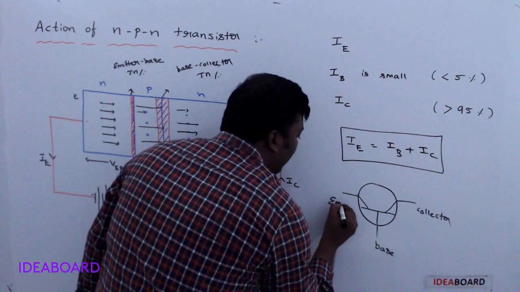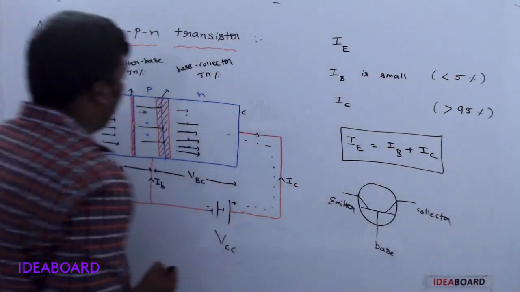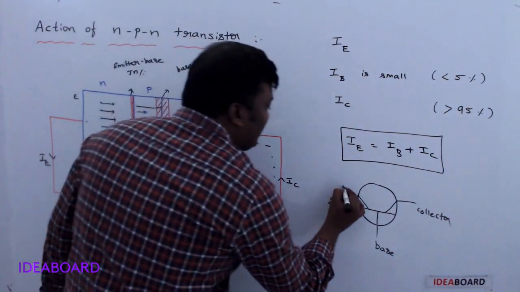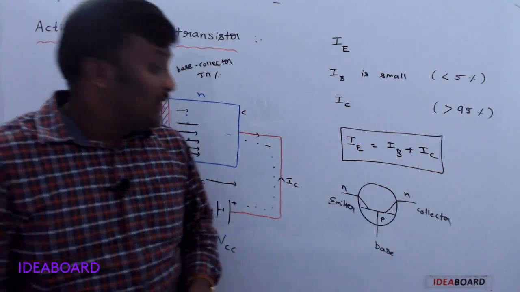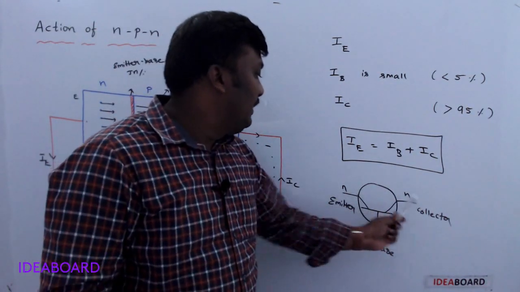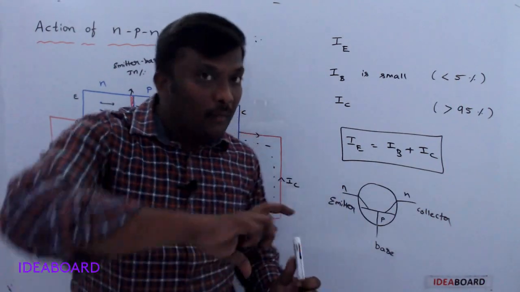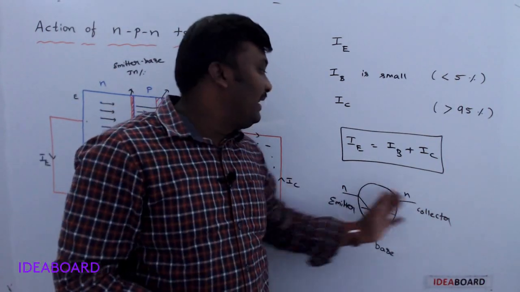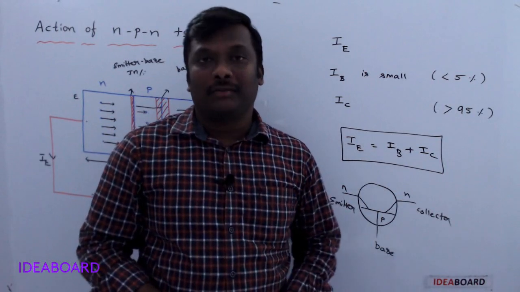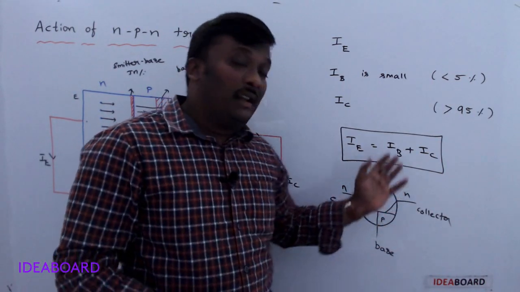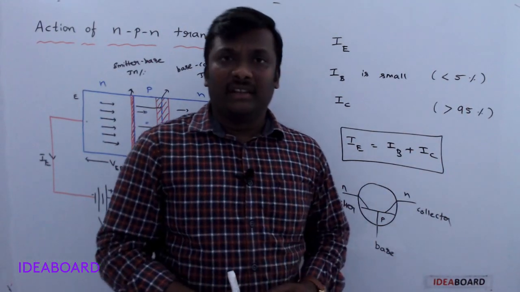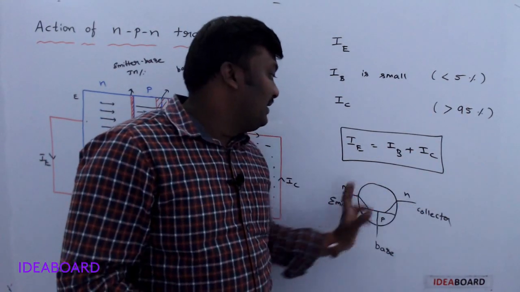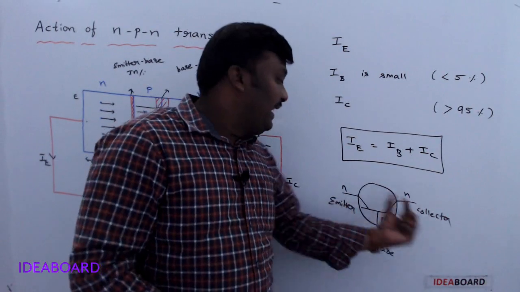And this is emitter. In the NPN transistor, this is N, this is P and this is N. Sir, emitter and collector both are made of N-type material. So can we interchange the emitter and collector? It is not possible because their chemical and electrical properties are completely different. That's why we can't interchange the emitter and collector.